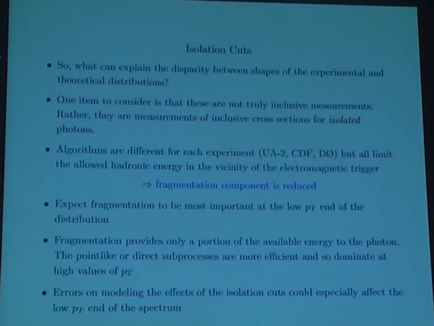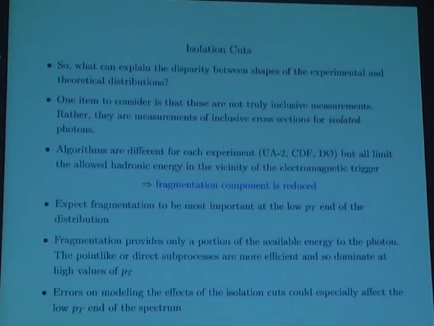So you say, well, what could possibly explain what's going on? You might want to think a little bit about the fact that in order to measure photons at these collider experiments, they actually have to put cuts on the electromagnetic triggers so that they can distinguish the electromagnetic triggers from hadronic triggers. And these are referred to as isolated photons.